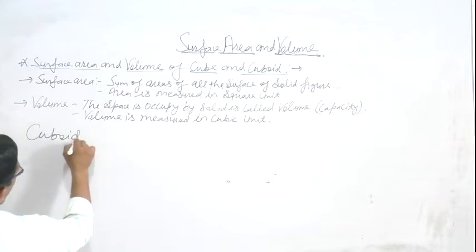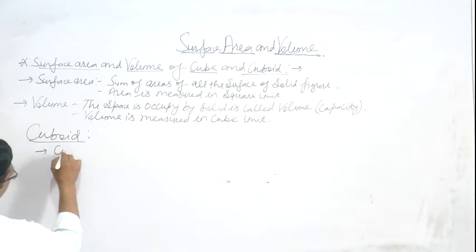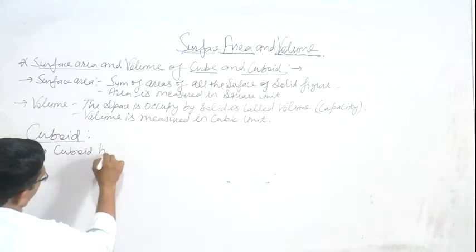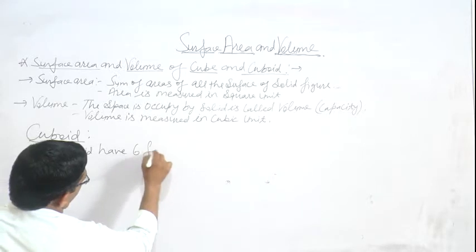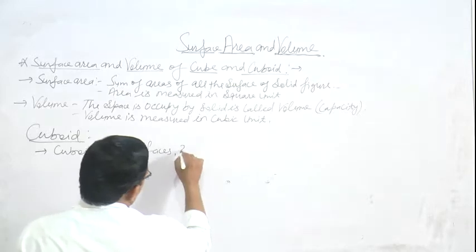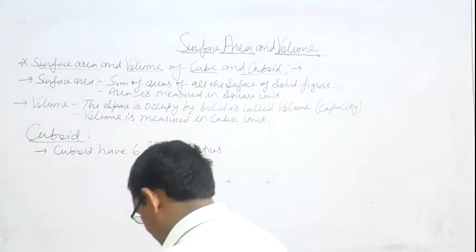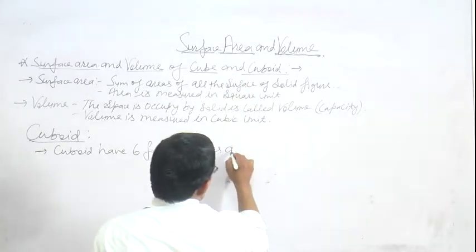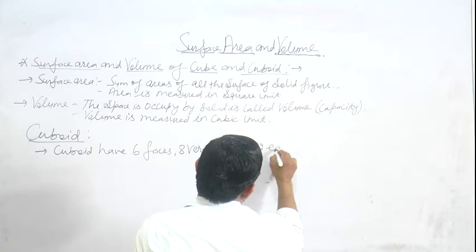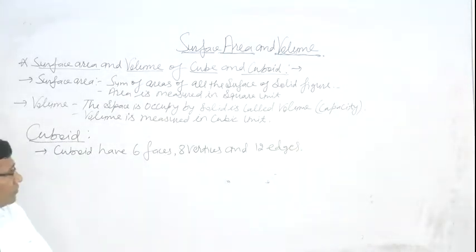First we discuss the cuboid. A cuboid has 6 faces, 8 vertices and 12 edges.